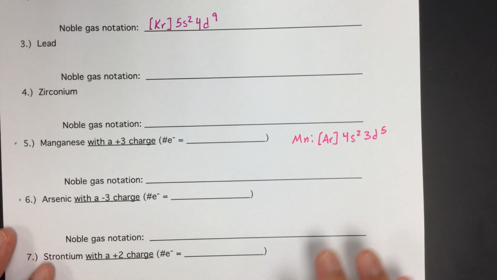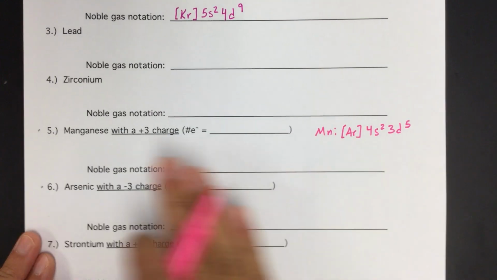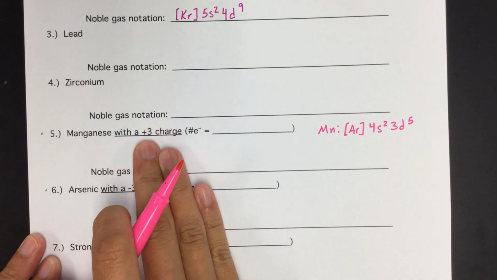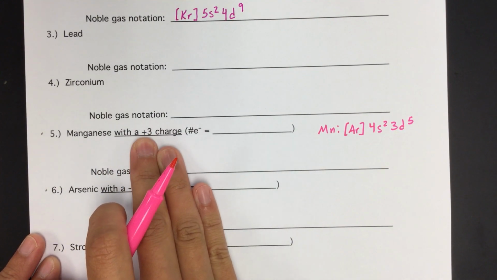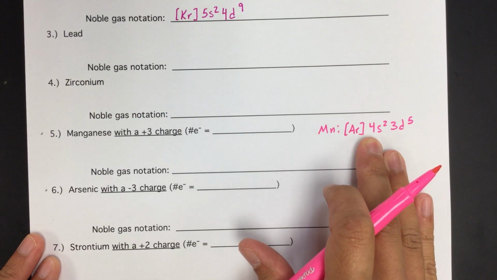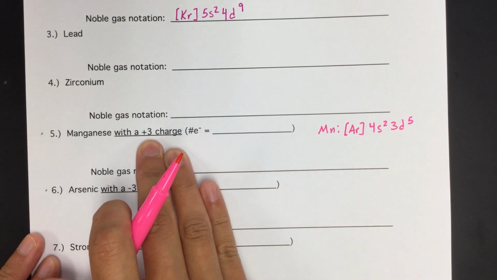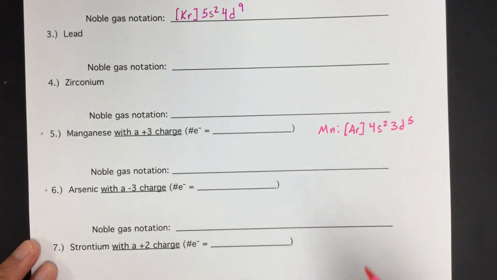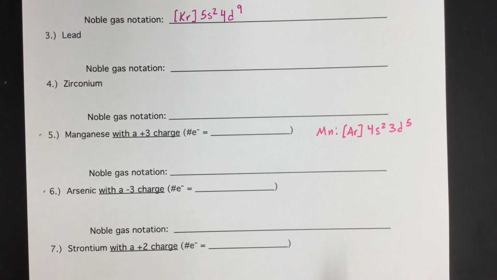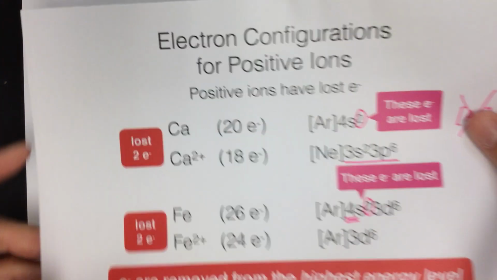All right. Now that I have the neutral one, I can look at how the charge is going to change my original electron configuration. If it has a +3 charge, does that mean we are removing electrons or adding electrons? Positive charge. Hopefully you said we are removing electrons.